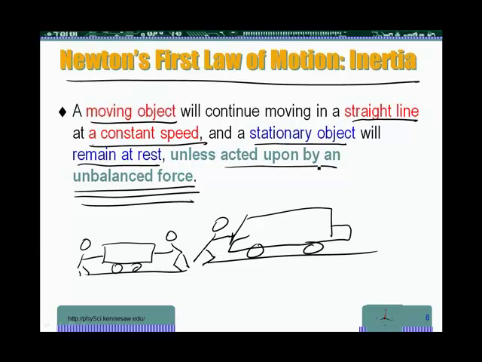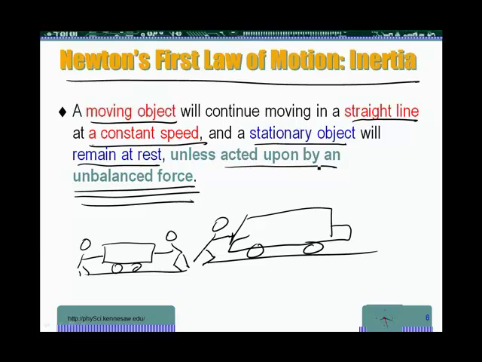Okay. What this is saying, if we pay close attention to it, is you don't need a force to have an object keep on moving. An object is going to keep on moving at a constant velocity when there are no unbalanced forces acting on it.